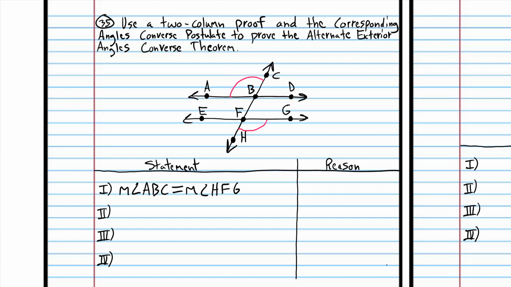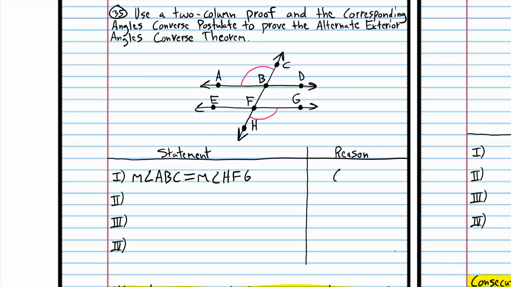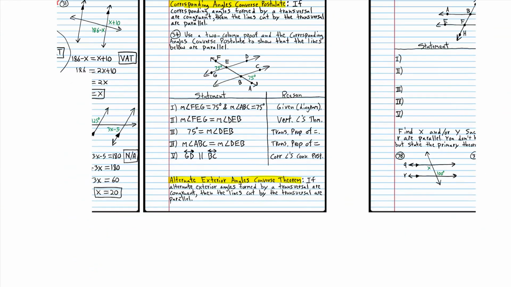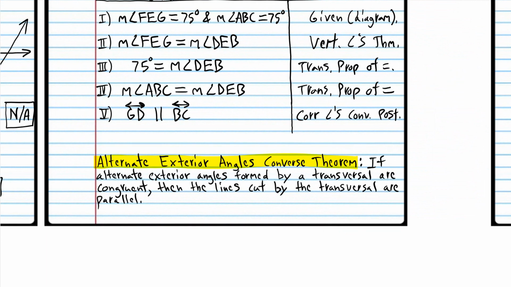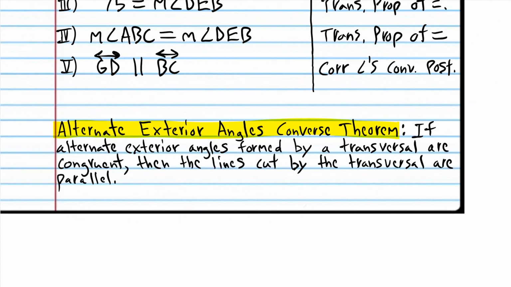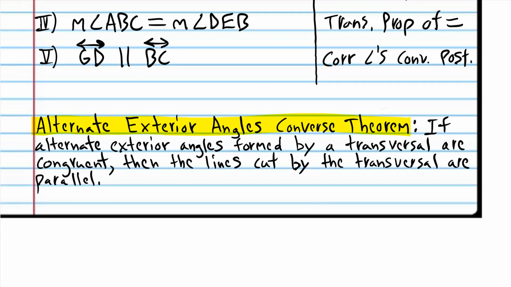If those are congruent, then the lines AD and EG must be parallel. So we're assuming that the pink angles are congruent. That's given information. Again, we're trying to prove the alternate exterior angles converse theorem. So you might want to take a screenshot of that so you know exactly what we're trying to prove.